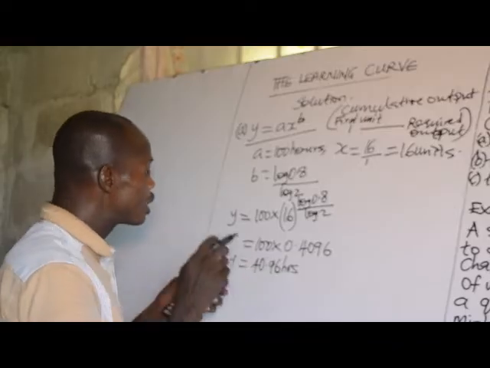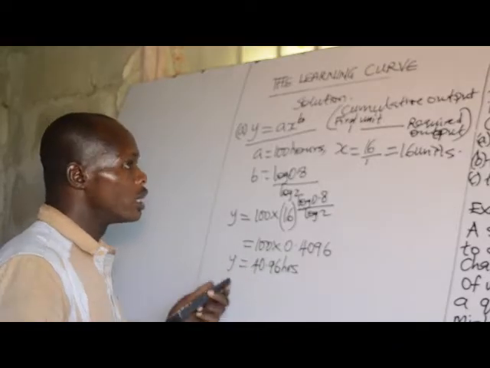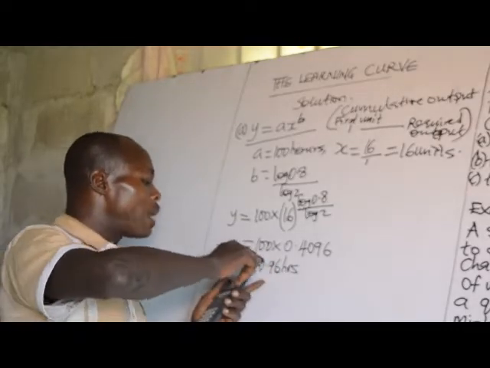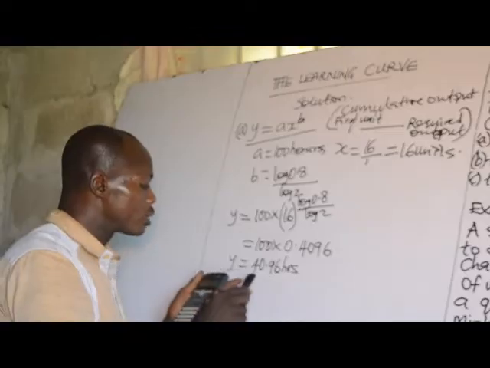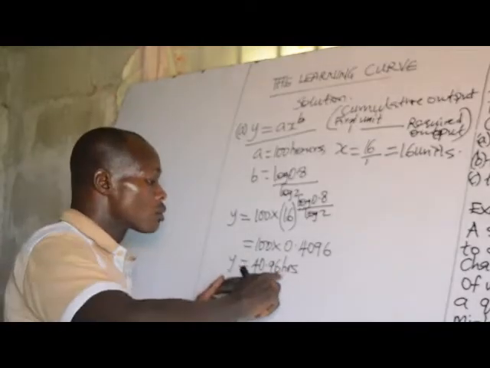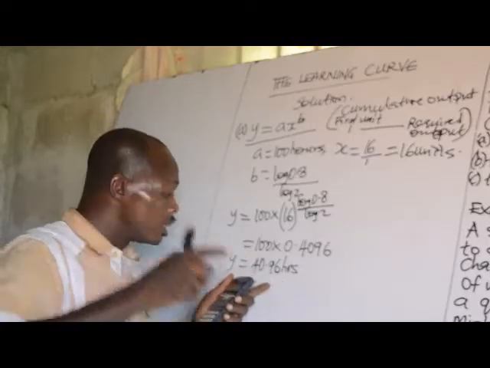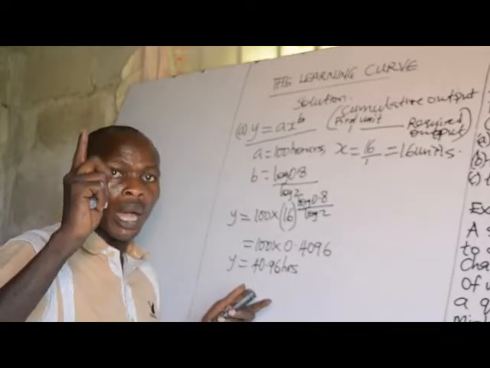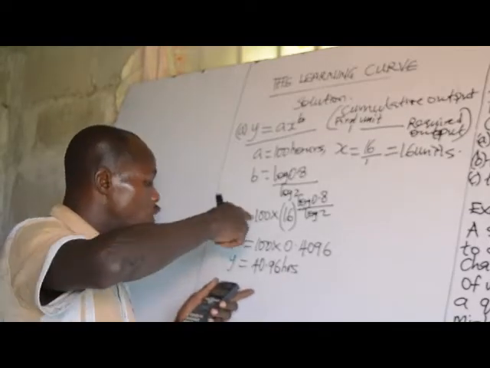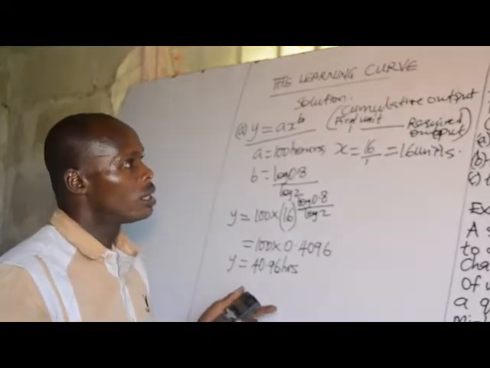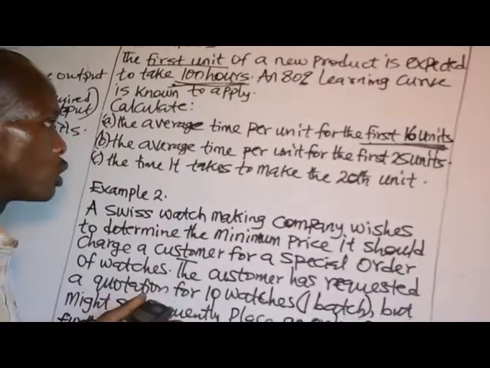That is the average time of producing a unit in the cumulative output of 16. To produce 1 unit from the total of 16 units, it will take 40.96 hours, when the first unit actually takes 100 hours to produce.